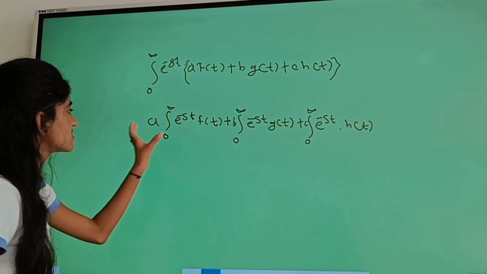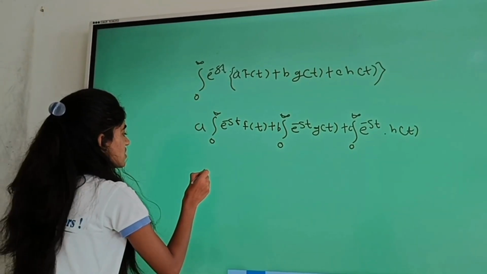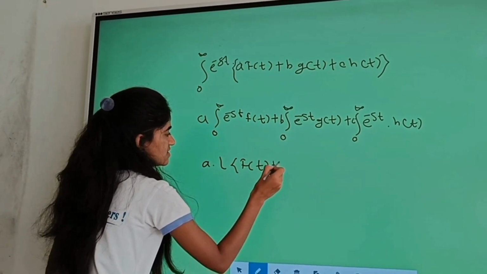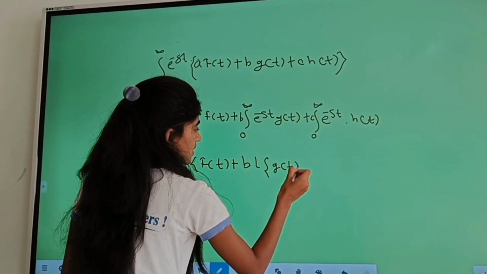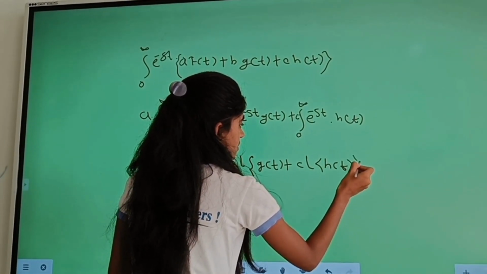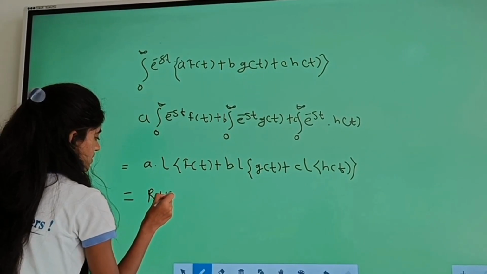As we know, this is the definition of the Laplace transform, which is equal to a into Laplace of f of t plus b into Laplace of g of t plus c into Laplace of h of t, which is equal to the RHS.